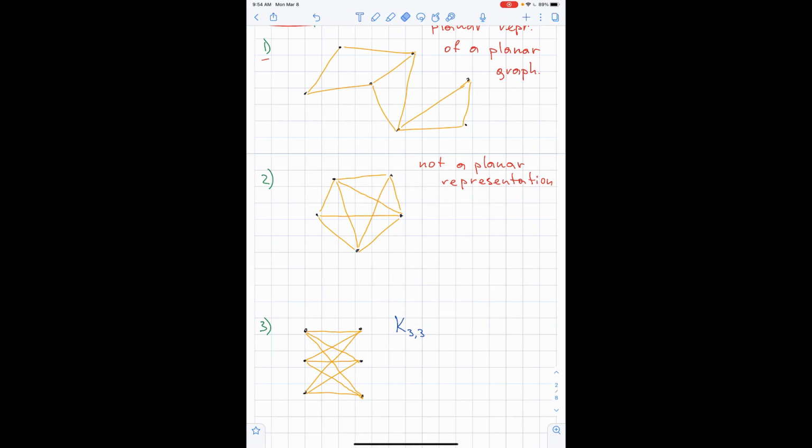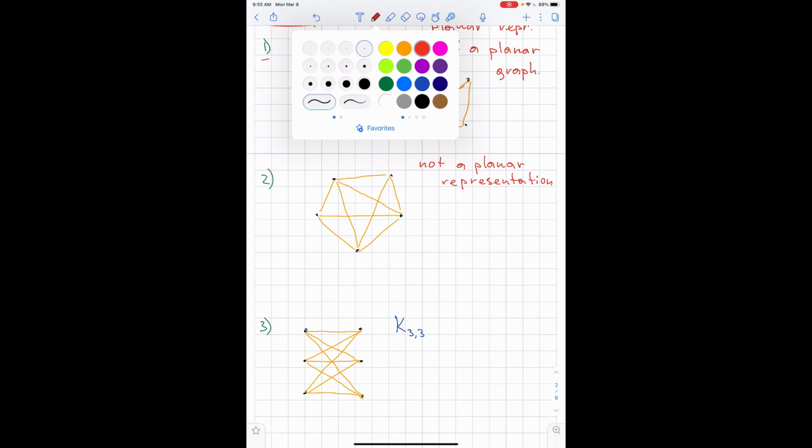So how are we gonna do this? Well, basically, I'll just take out this edge and replace it with the edge going around like that, and also I will redraw this edge, also making it go around like that. So if I do so, then this becomes a planar representation, and therefore this graph is planar.